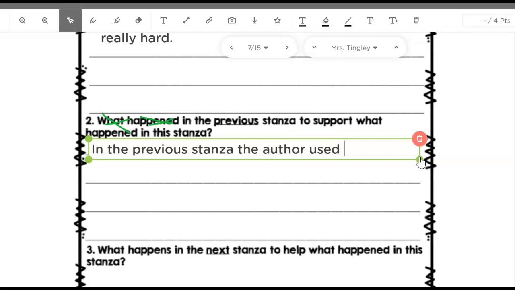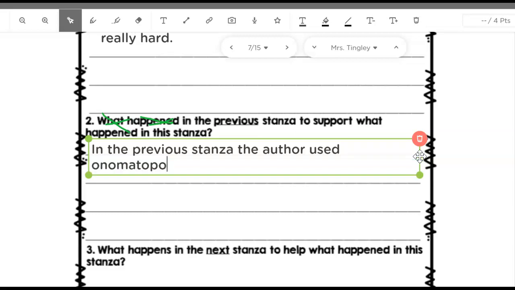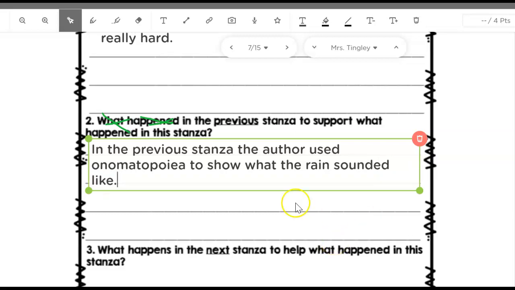What figurative language type? Onomatopoeia. The author used onomatopoeia to show what the rain sounded like. That's how it supported stanza number 2. Pause the video if you need more time to write this out.